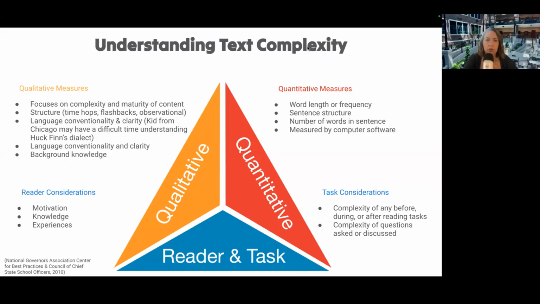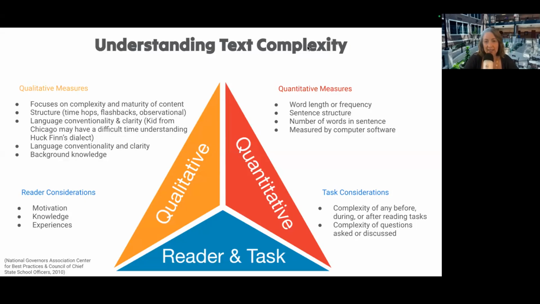So qualitative measures really look at those things that make a text complex or difficult to read, as far as maybe unfamiliar language, like a dialect like Huck Finn, or Deep South dialect, or Elizabethan English, Shakespeare, whether the text has multiple timelines that they have to follow, like flashbacks and flash forwards. Those are difficult for some students, especially struggling readers, to track who the narrator is, or if they're jumping scenes without clear transitions. Those are the type of things that make up the qualitative measures of text complexity.